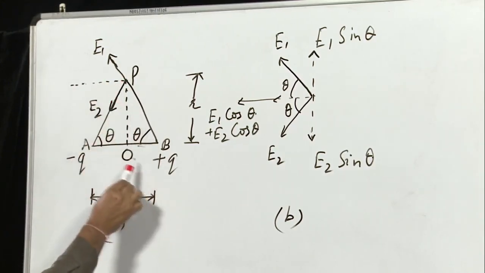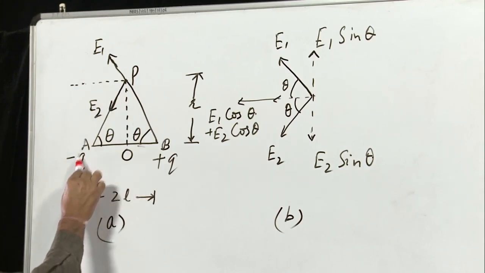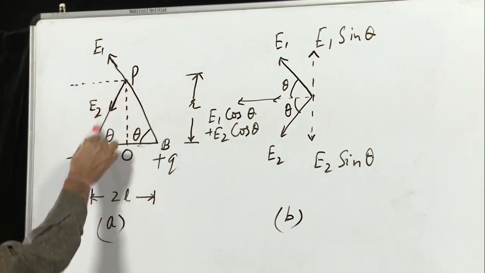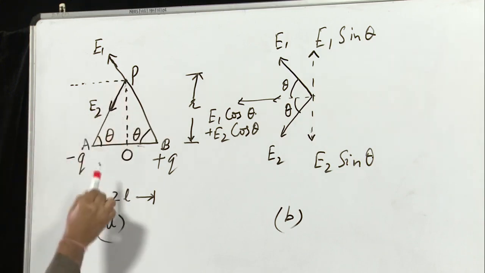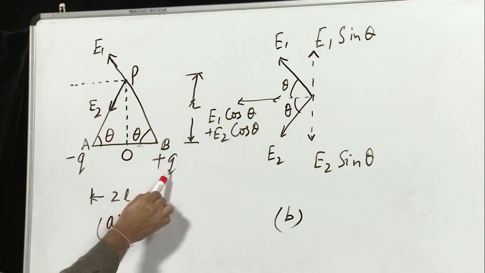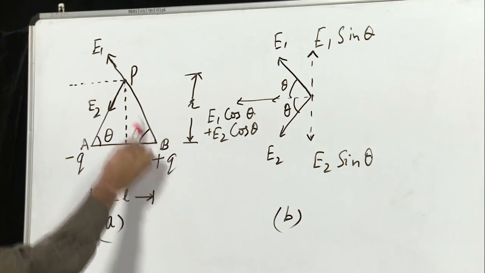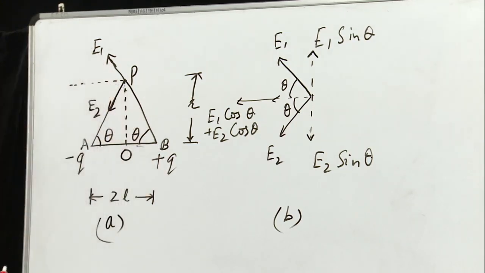Now, the field due to charge minus q will be directed along PA. It is depicted by E2. Then the field due to charge plus q will be along BP. It is depicted by E1.